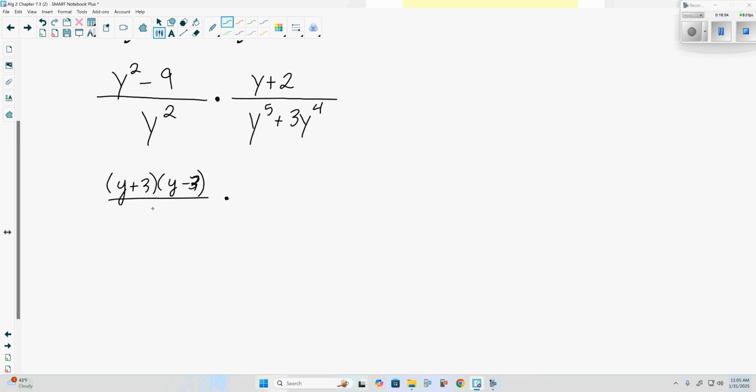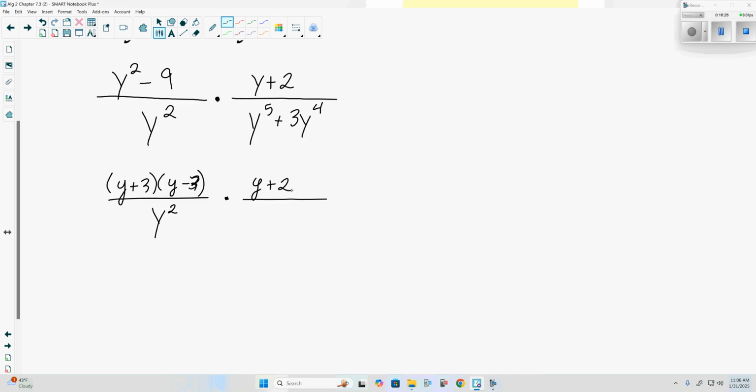Y squared is as simplified as it gets, so it's not going to change. Y plus 2 is as simplified as it gets. There's no greatest common factor in the degree, so the exponent attached to the y is 1. Nothing we can do with it.